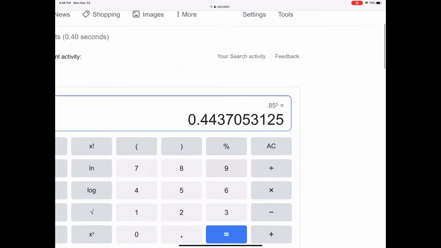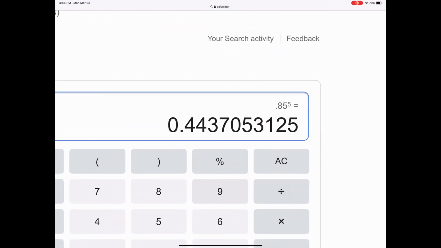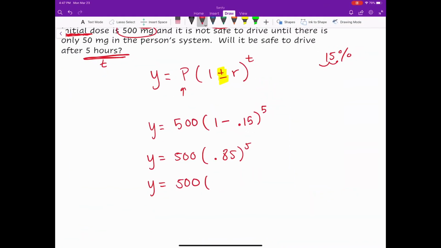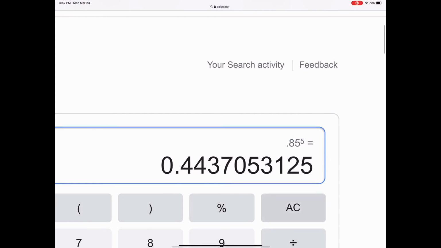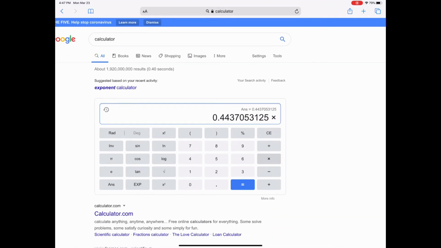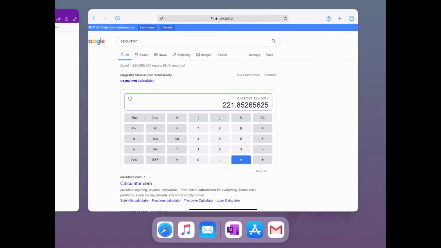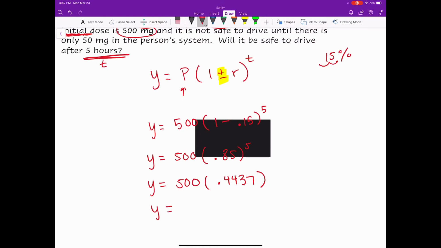Okay, I used a calculator. And 0.85 to the power of 5 is about 0.4437. And then multiply that by 500, my initial amount, excuse me. You're going to get 221.